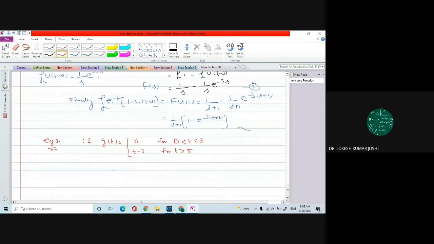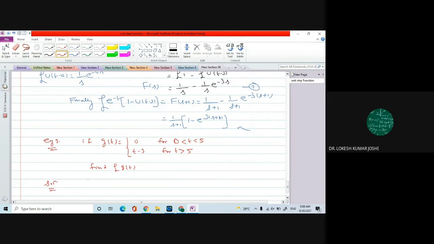Our objective is to find Laplace of g(t). If we see this case, this is once again of the type piecewise continuous function. Step 1 is to write this function in terms of the unit step function.